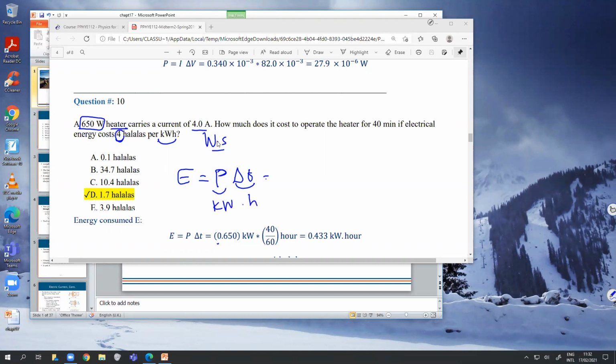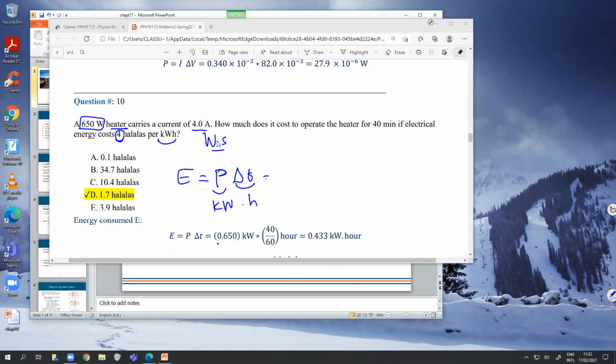So I will get the energy not in joule, but straight in kilowatt hour. So we think cleverly. Without getting the energy in joule and then converting it to kilowatt hour, we do the substitution for power in kilowatt and for delta T in hours, then directly we get the energy in kilowatt hour. So that's what we do now.